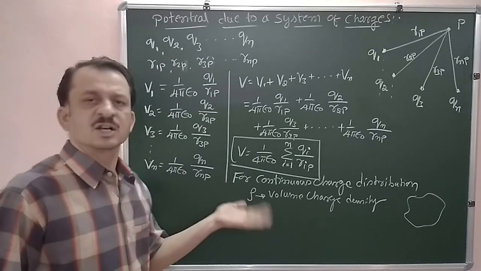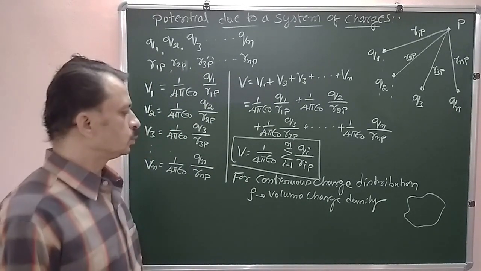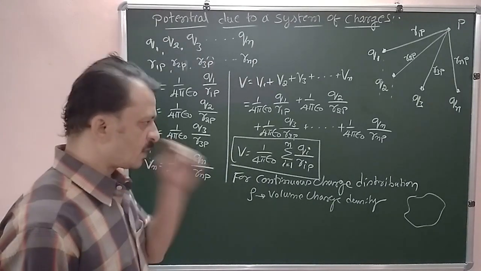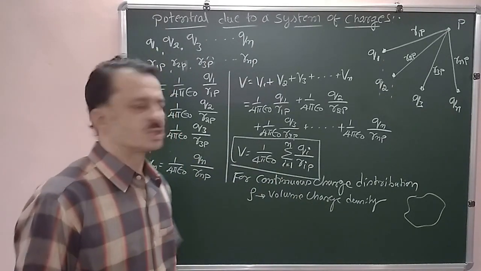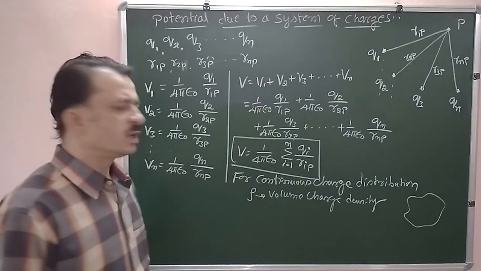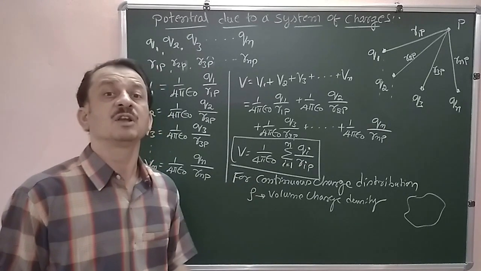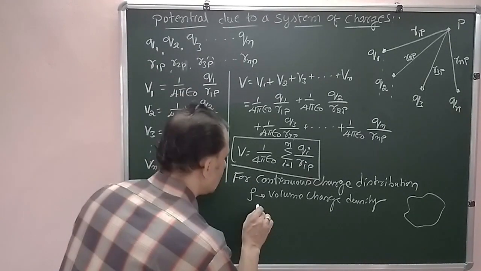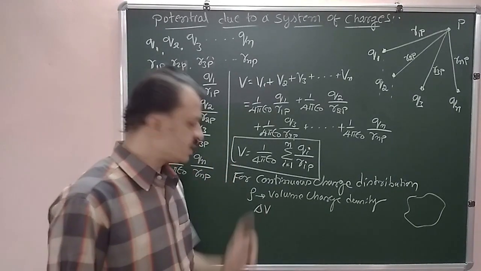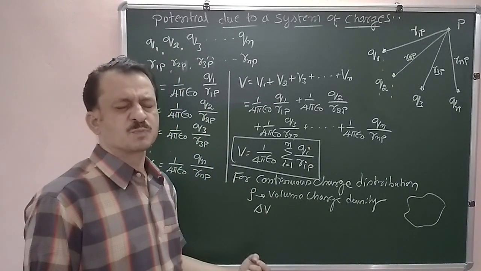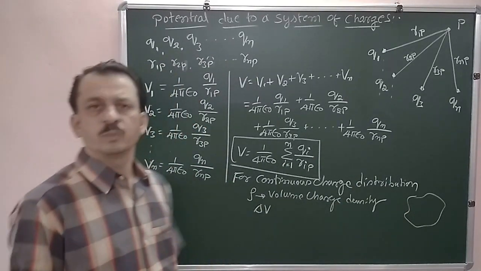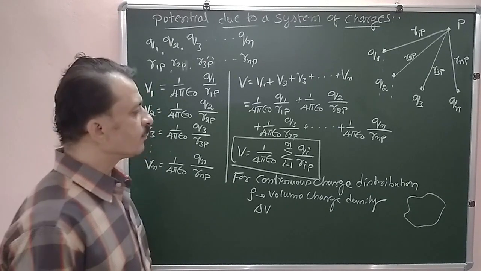That is the charge per unit volume of that continuous charge distribution. Now I have to divide this into smaller equal volumes of volume delta V. Delta V is the smaller equivalent volume into which the entire volume is divided.